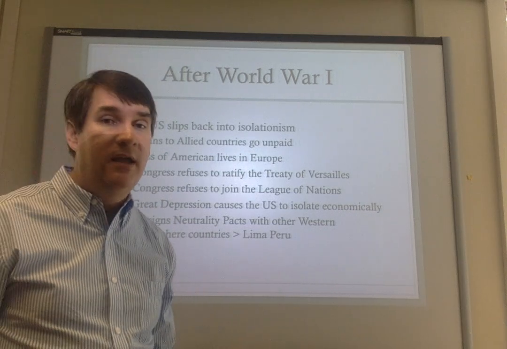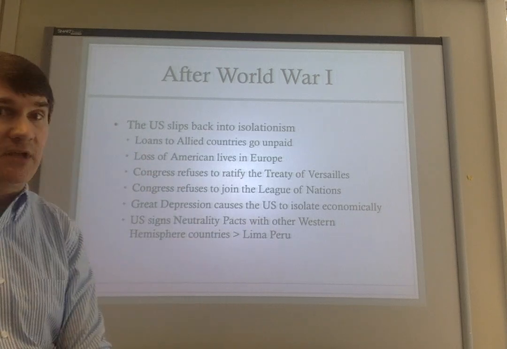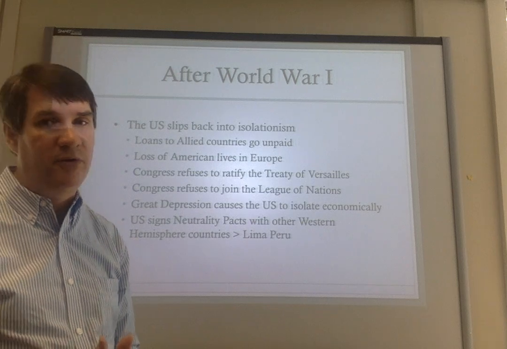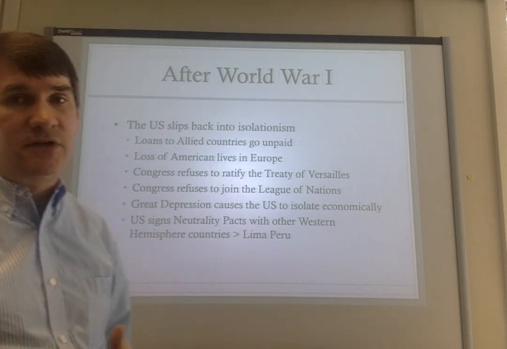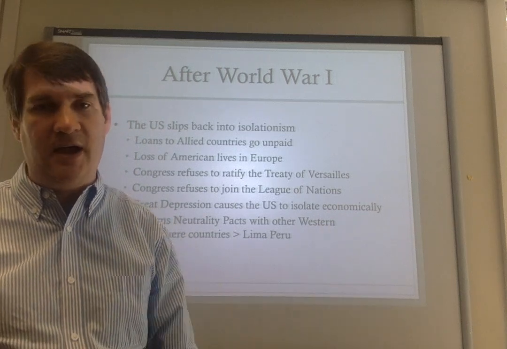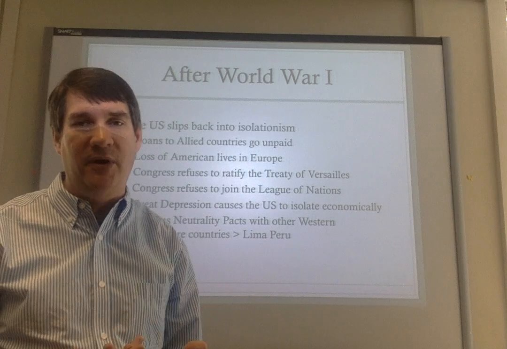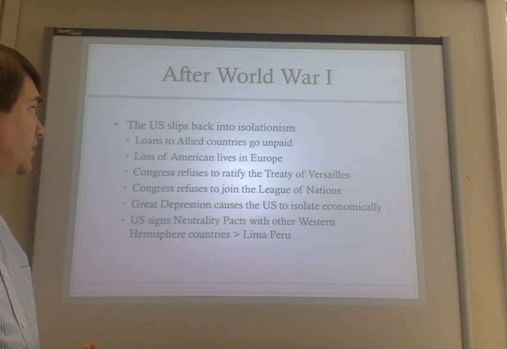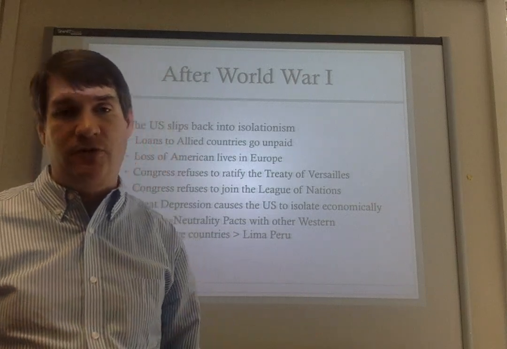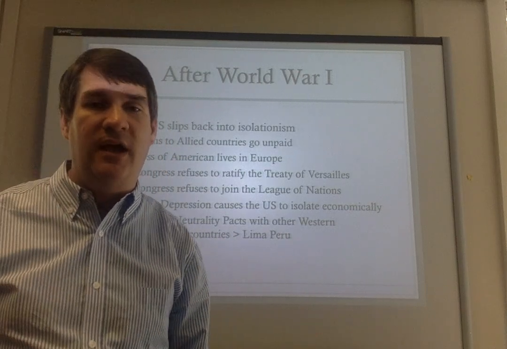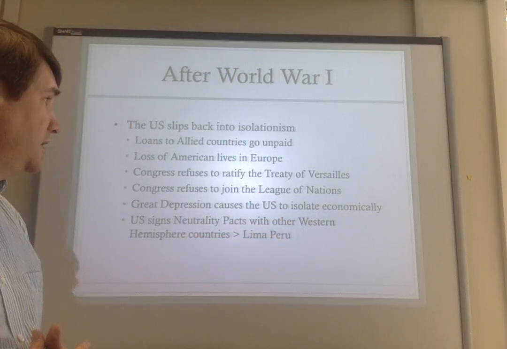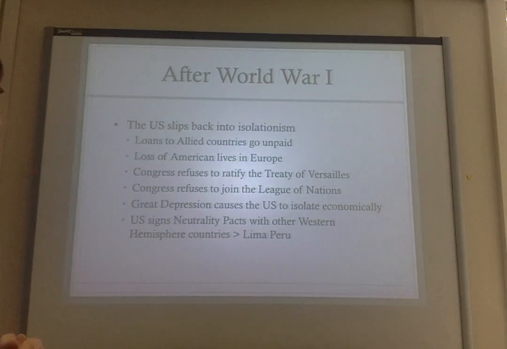Some of the reasons why are the loans to allied countries that go unpaid, Britain and France both owed the United States millions of dollars, and the loss of American lives too. They don't want to send American boys overseas to die. And so we can understand the attitude of America to be isolated. Examples of this: the Congress refuses to ratify the Treaty of Versailles. In addition, the Congress refused to ratify or join the League of Nations. And so they essentially have drawn themselves in, and ignore the events of Europe, right?